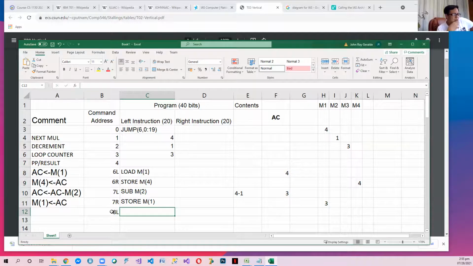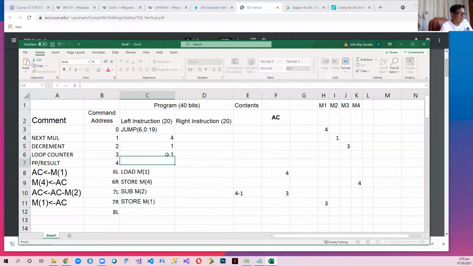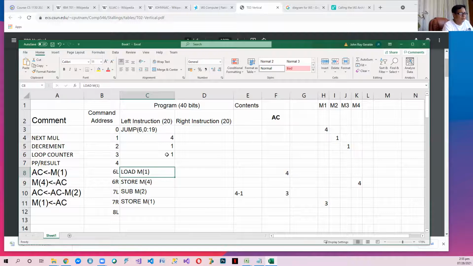And then, okay, can we do this here? Let's change this a bit, no? M3 will be incrementing, no? We load M3. I'm thinking now.